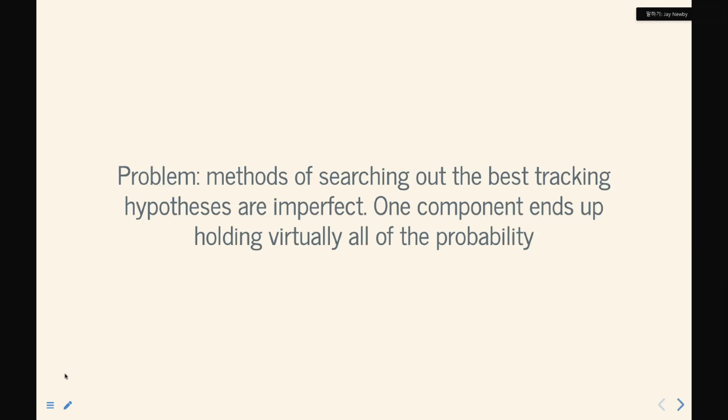Of course, the truth is that there could be many track sets that are close to each other in probability, but we can't search them out when we have an imperfect searching algorithm that finds a track set which is much more probable than any of the other ones that we looked at, right?